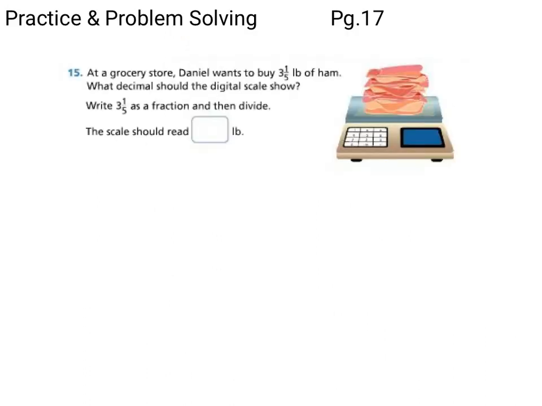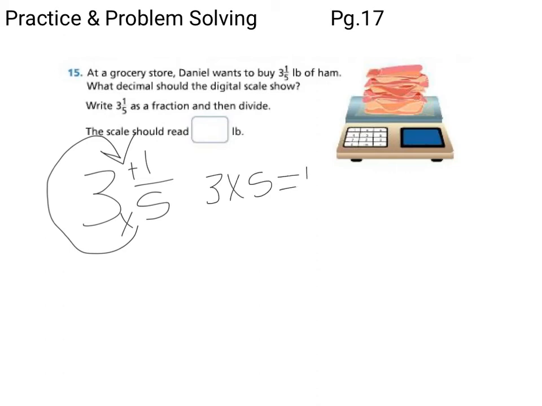Number 15. At a grocery store, Daniel wants to buy 3 1/5 pounds of ham. What decimal should the digital scale show? Write 3 1/5 as a fraction and then divide. The scale should read blank pounds. So we got 3 1/5. We use our backward C. We do 5 times 3 plus 1. 5 times 3 is 15 plus 1 is 16.